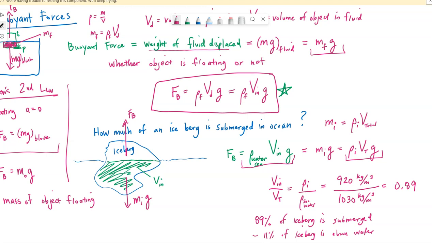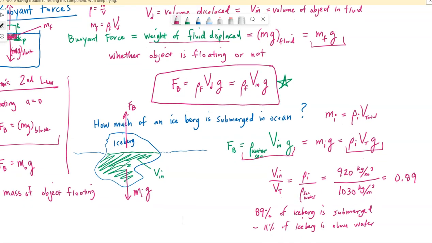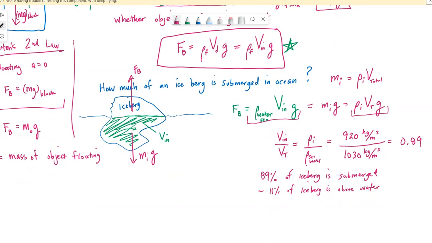It turns out anything that is floating will end up with the buoyant force, so the density of the fluid, volume n times g.